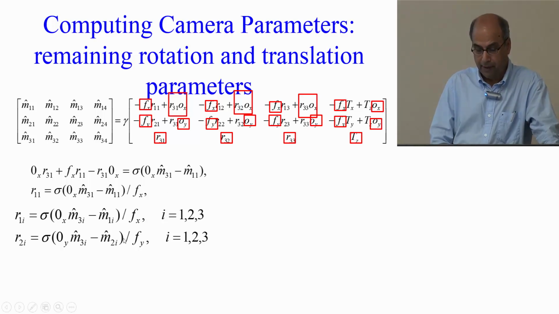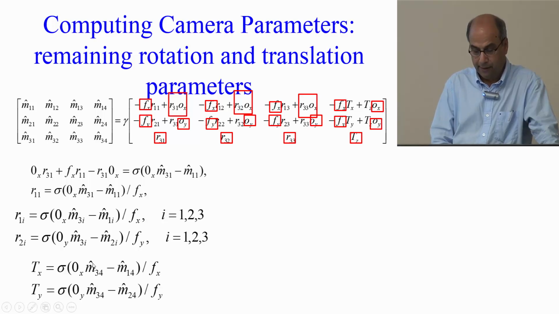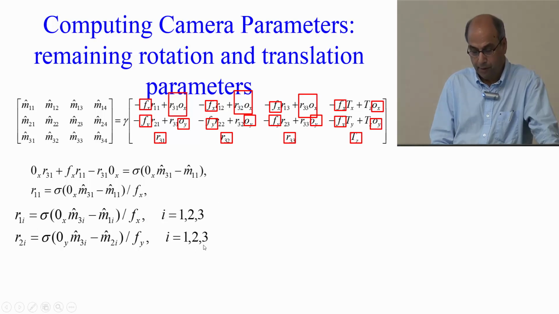In the same way we can find the second row of the rotation matrix, which is here, and it's exactly the same. Now here we are going to look at m31 minus m21. We are going to subtract these two, and that will give you r21, r22, and r23.